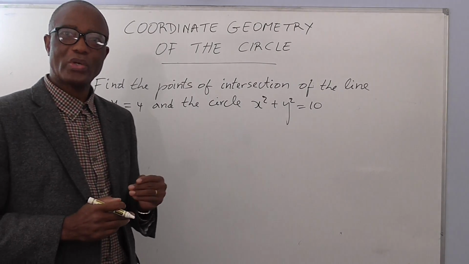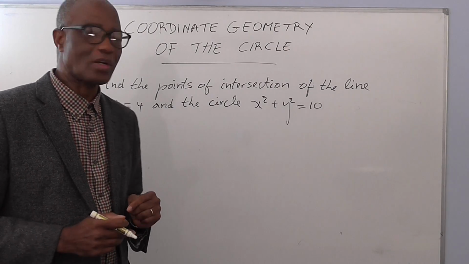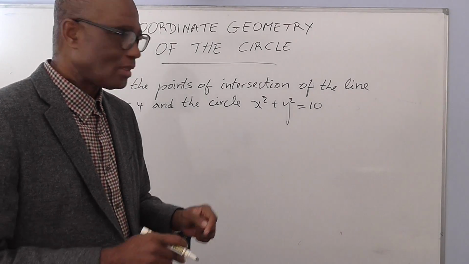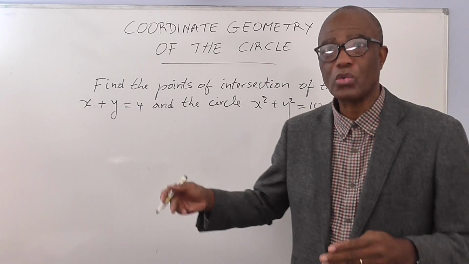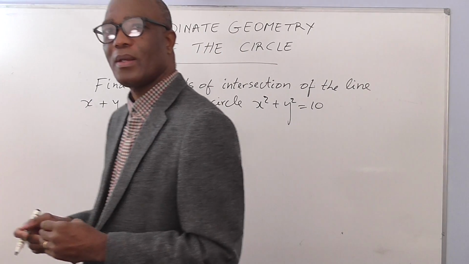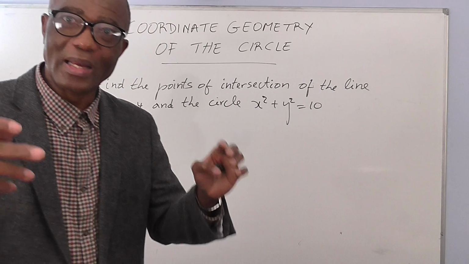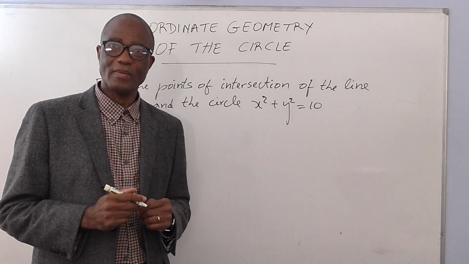We're going to continue our class on the coordinate geometry of the circle. But today, this topic that we're going to continue to treat involves the circle and the line.